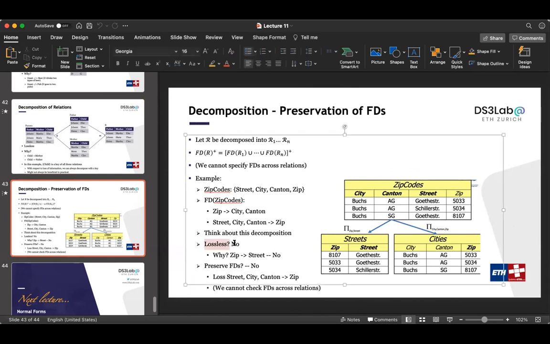So when we talk about lossless decomposition, we essentially mean that for any possible instance of zip codes, whether this decomposition is always lossless, and that is not the case.